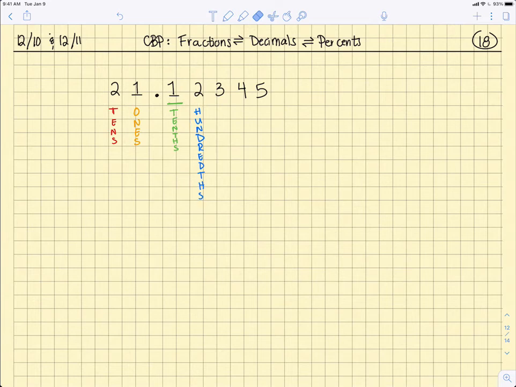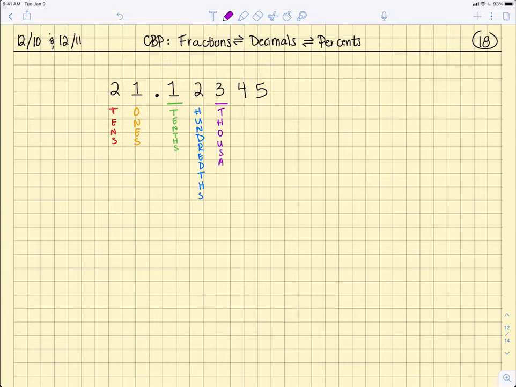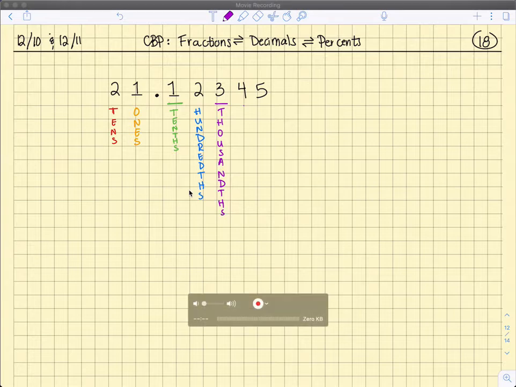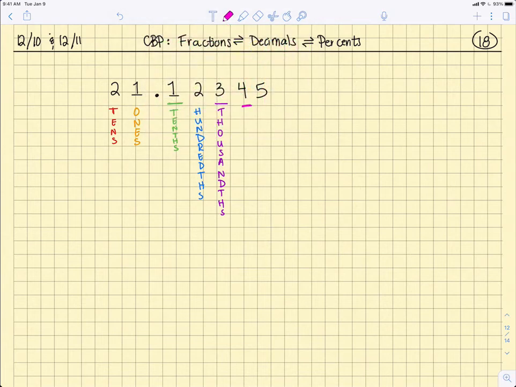All right, and let's keep moving forward. This 3 is the thousandths place. The 4 is in the 10,000ths.